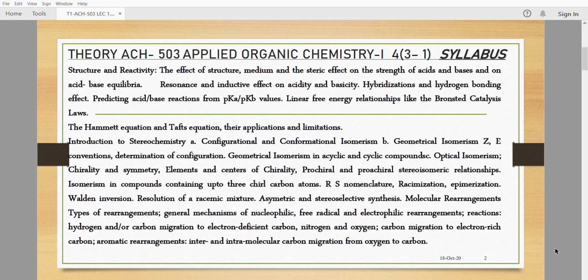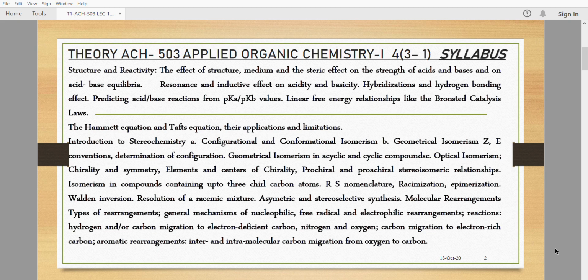In structure and reactivity, we have to cover the effect of structure, medium, and the steric effects on the strength of acids and bases and on acid-base equilibria. Then you will cover the very important topics as resonance, inductive effect, hybridization, and I am sure that you are very much familiar with these concepts.